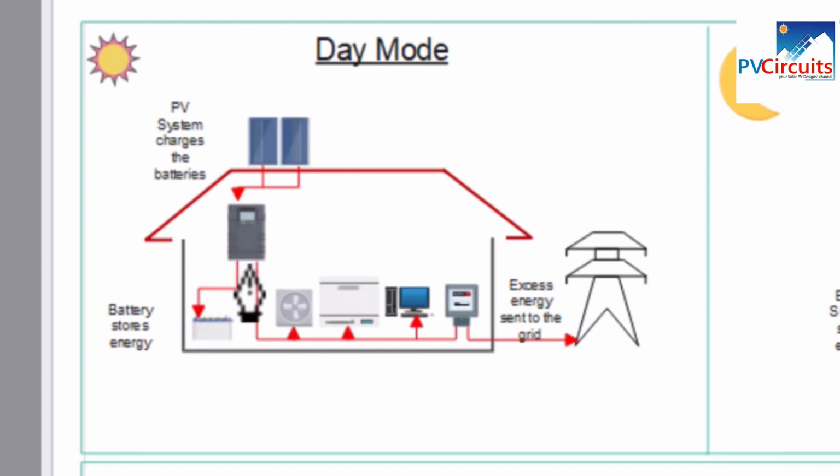The excess power also goes into the household consumers to be used by them, and if there is excess, it passes on to the bidirectional meter and then on to the grid. The meter will record the power that you are injecting into the grid.